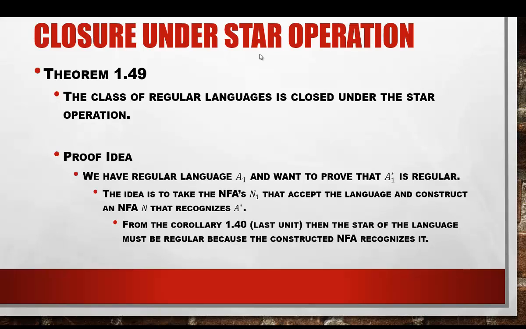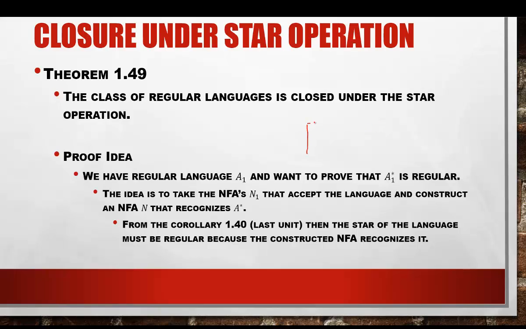If the resulting NFA accepts the language A sub 1 star, then from the corollary of 1.40 that we saw in one of the previous units, we know that since a non-deterministic finite automaton recognizes A star, then A star must be regular. So the idea in this proof comes along the same kind of processes that we have taken so far.